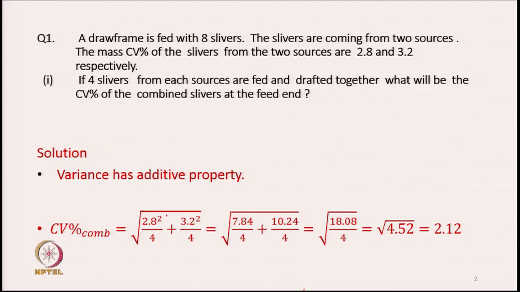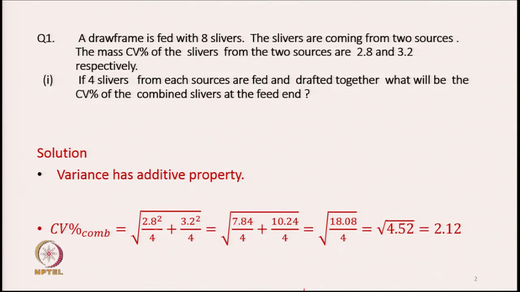So, 2.8 squared is the variance divided by 4, because there are 4 slivers coming from this source, and there are another 4 slivers coming from the other source. So, we add these variances and then we divide by 4, because there are 4 slivers from each source.